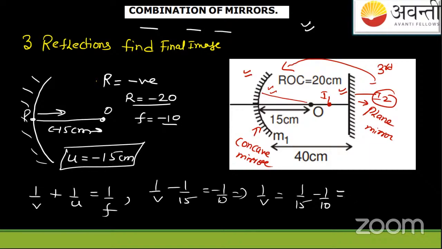The common denominator is 30. So you get minus 1 by 30, and the image distance is minus 30. Got it? You get the image here at minus 30. Got it, students?